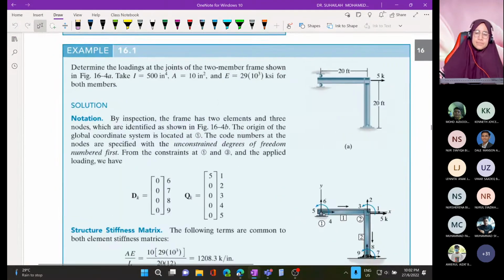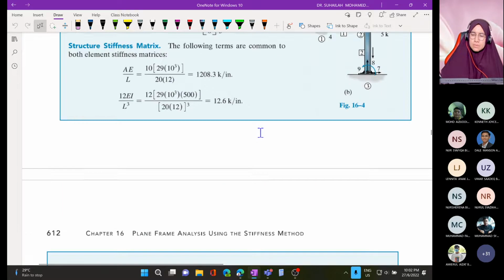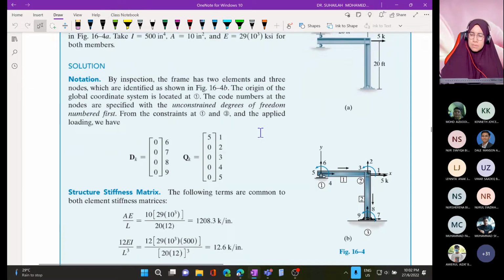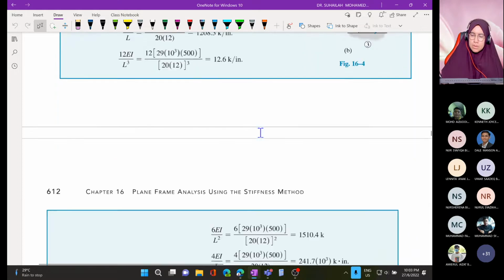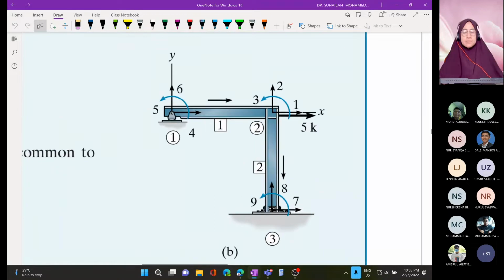Okay, this one. Basically, if we refer to this, there are 3 nodes: node number 1, 2, 3, and element 1, element 2.